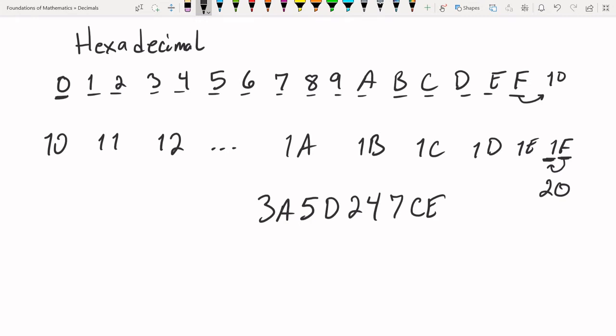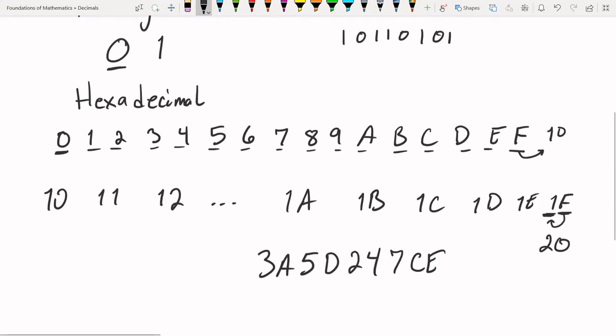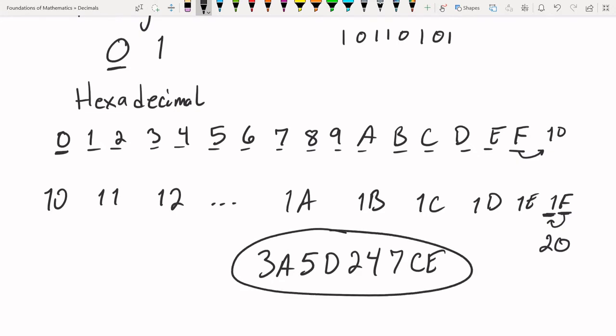This, of course, would be a very large number because it's hexadecimal, meaning each place value is 16 times as big, whereas in our decimal system, each place value is 10 times as big. So hexadecimal gets very, very large. This would be a huge number in the decimal system.